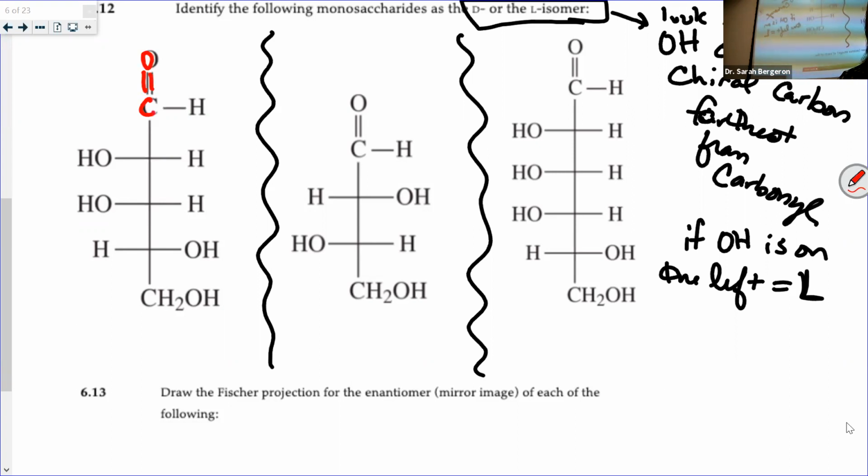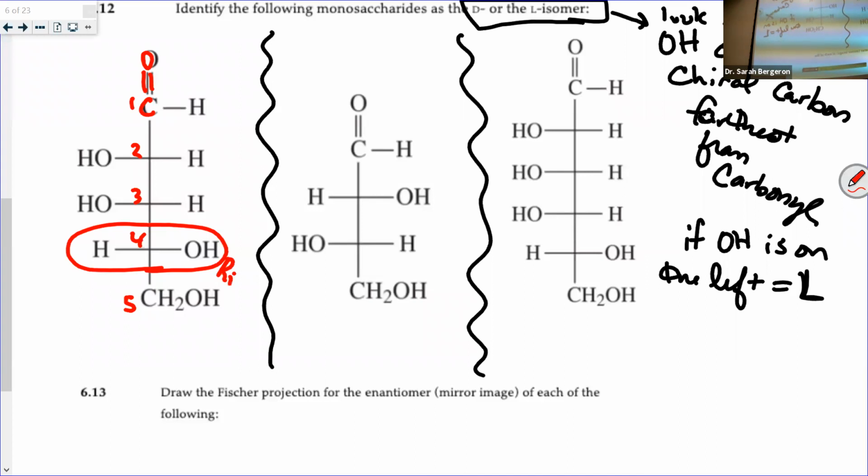Now what carbon has the OH that is farthest away, but is still chiral? The fourth carbon. So I'm looking right here. Is the OH on the left or the right? It's on the right. And so what is this? The D isomer.